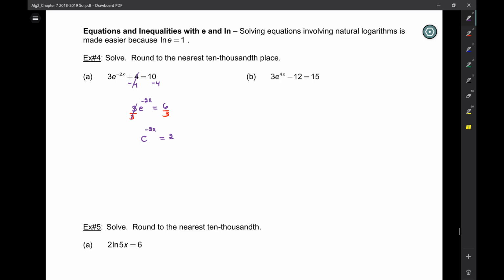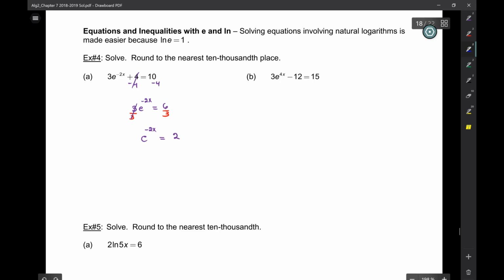Okay, now what? This is what we were doing yesterday, right? Now I have just one power on the left side equal to 2. So you know what we're going to do? Take the logarithm of both sides. But now, what is the logarithm that goes with e? ln.